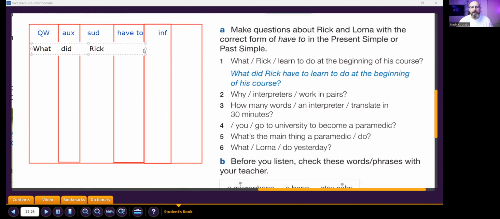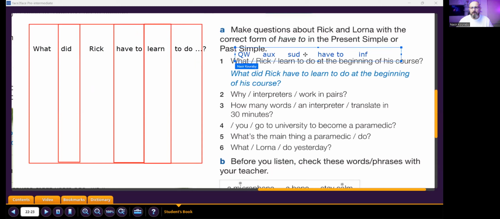After that, I add have to. Then the verb infinitive, learn. Then I continue the question to the end of the question. So we followed the same order here. Here we need to change it. Subject. Okay, I'll put it again.